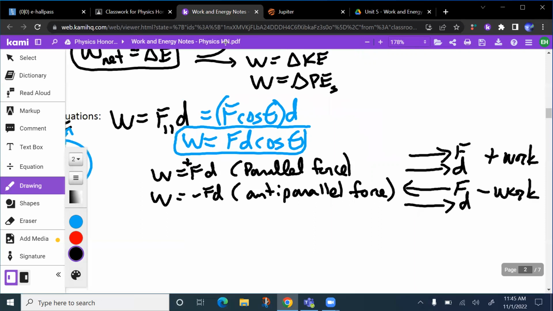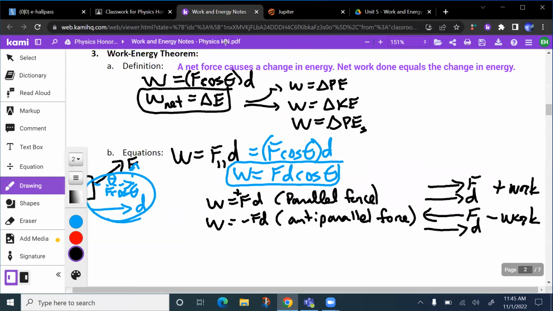We can also use the work energy theorem to make sense of that. A parallel force is increasing the energy of that object, and increasing the energy corresponds to positive work being done. Whereas an anti-parallel force like friction is always going to decrease the energy of the object. Therefore, negative work is done.